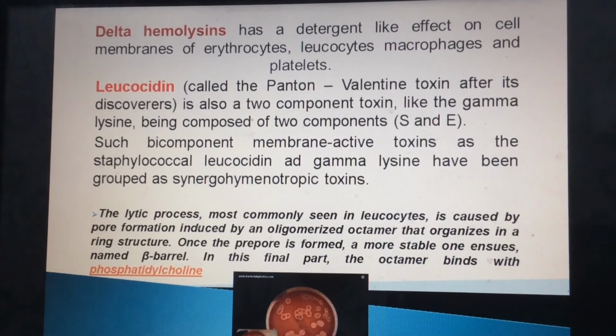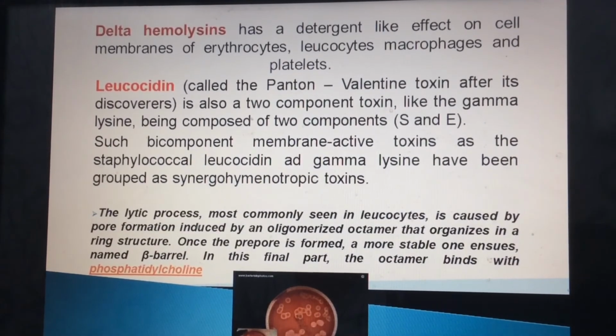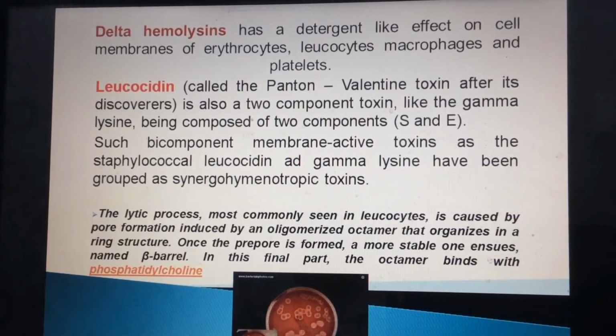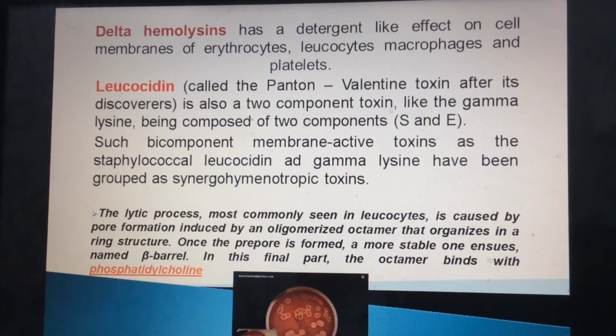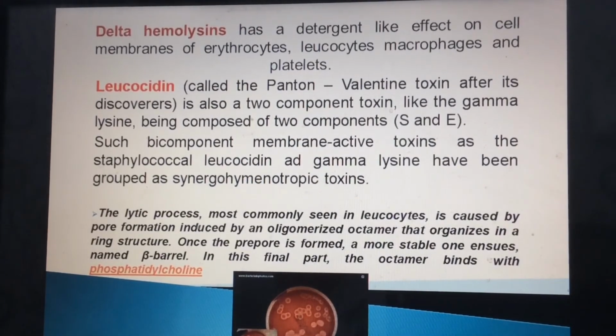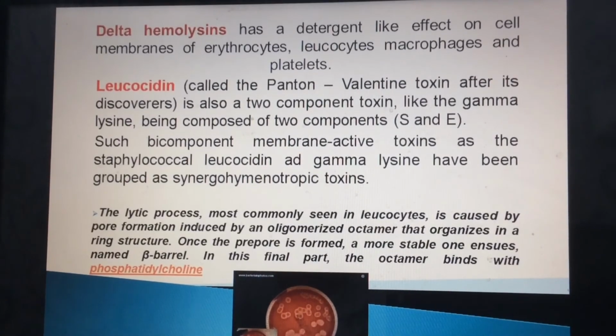Last is the leucocidins. Leucocidin is also called Panton-Valentine toxin after its discovery, because these are scientists' names. So these are two-component toxins, just like gamma lysins, where two components, S and F, are present. Such bicomponent membrane toxins are staphyloleucocidins and gamma lysins, and this type is very rarely found, in some bacteria like Staphylococcus.